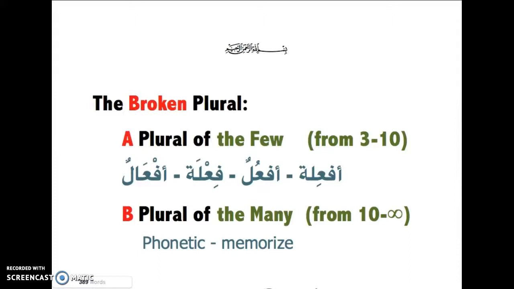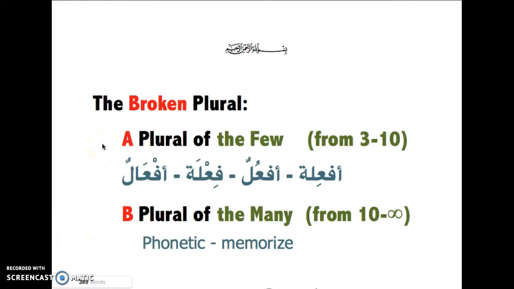All right, so before we move on, we're just gonna touch up on this thing. A lot of people will tell you, and it is true, that the broken plural doesn't really have rules. You just have to memorize it. And some others will tell you, no, there is some kind of rules that you can follow. There are many, but one of the ones that I like is, first, it's broken into two.